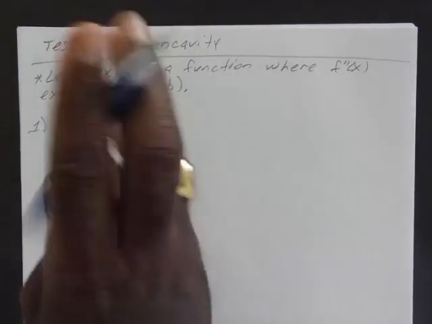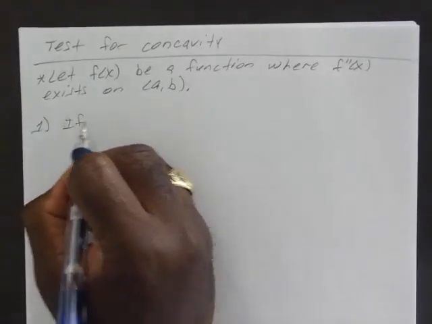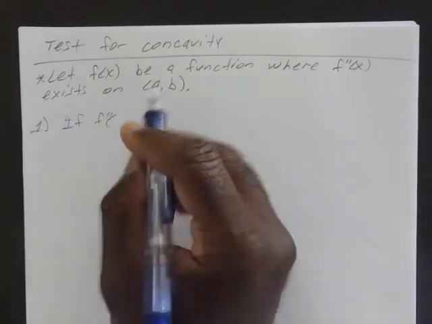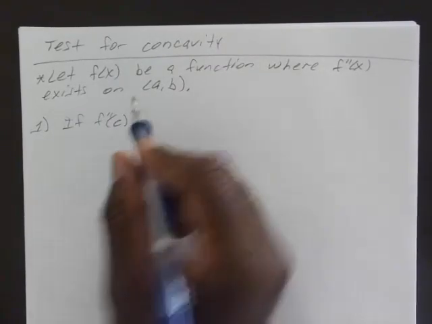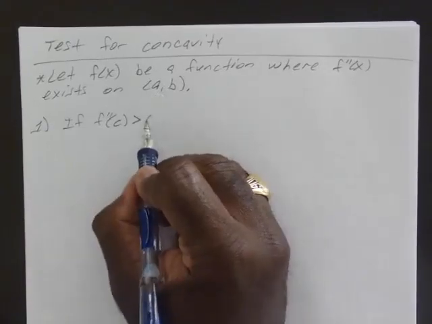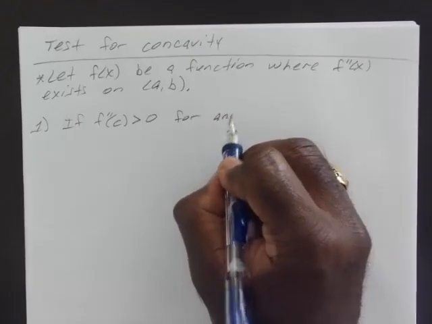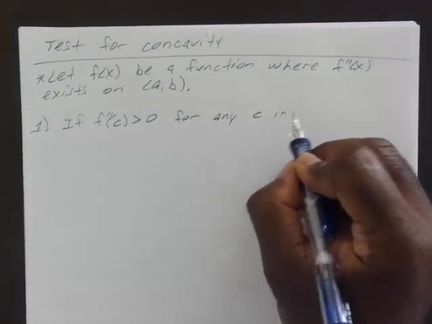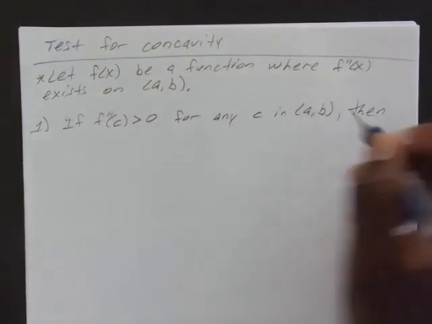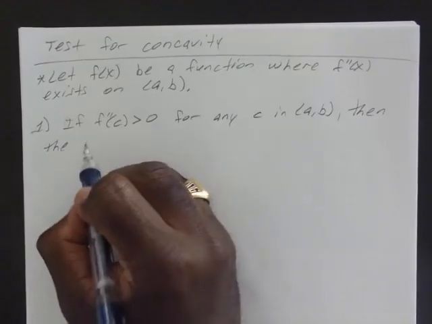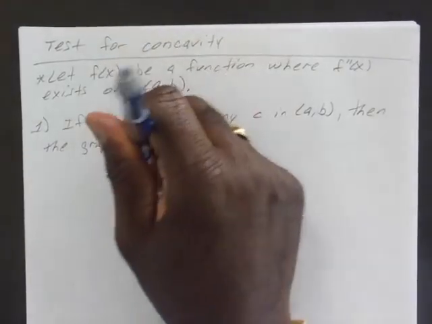So if we know that our second derivative at c is greater than 0 for any c in that interval from a to b, then the graph is concave up.